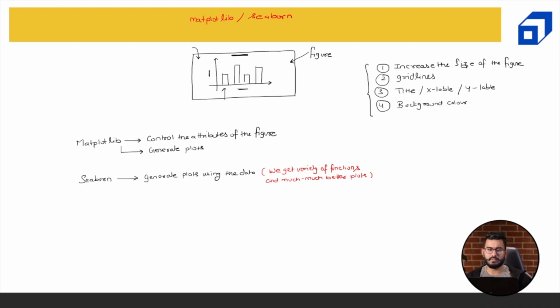And this is my personal choice. Whenever I have to plot anything, I essentially use the Seaborn library. But if my objective is to change anything in the background or change anything in the figure, then we use Matplotlib. So with Matplotlib, I use it for controlling the attributes of the figure.